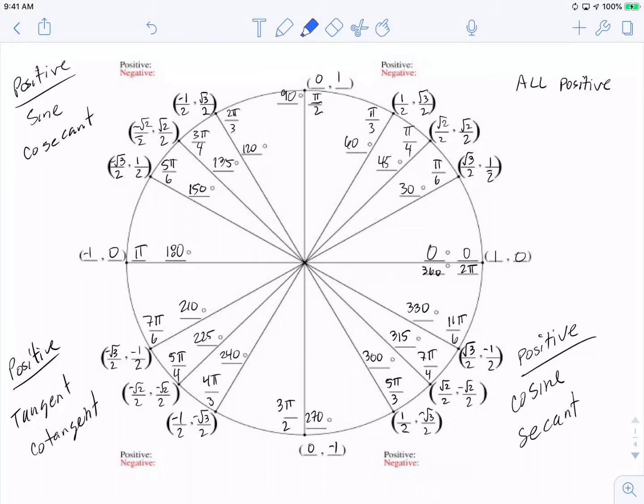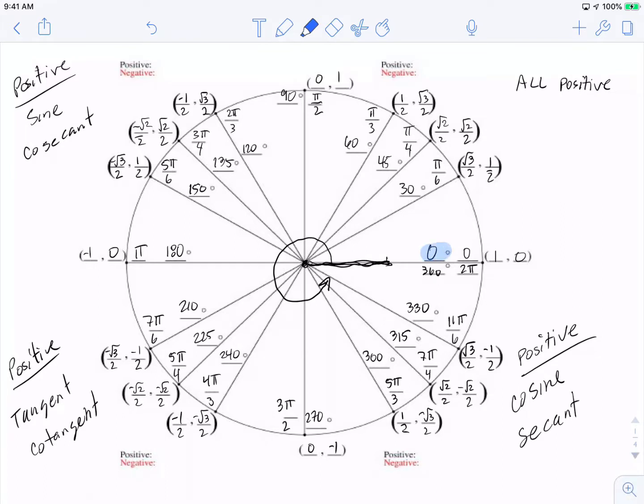Some important things I wanted to point out: the way the unit circle works is, here's the vertex, and this is the initial side, and the rotation of the angles goes in this direction.